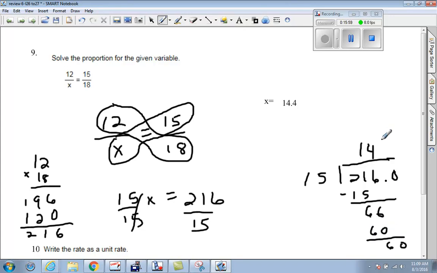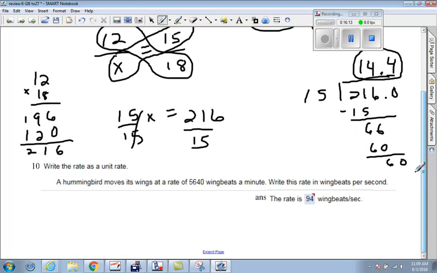And then 15 goes into 60. We can line up the decimal there. 15 goes into 60 4 times. And voila, 14.4, which was the answer. Wow, we are cruising right along here.